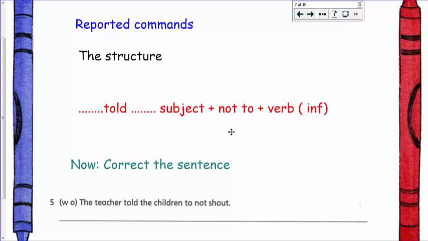This is a reported comment. Now correct the sentence. The teacher told the children to not shout. So the mistake here is with to not. It should be not to shout. This is the correct one.